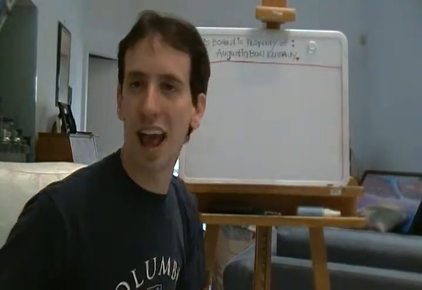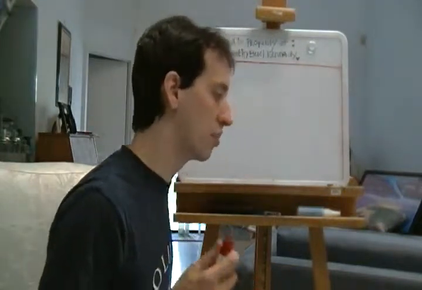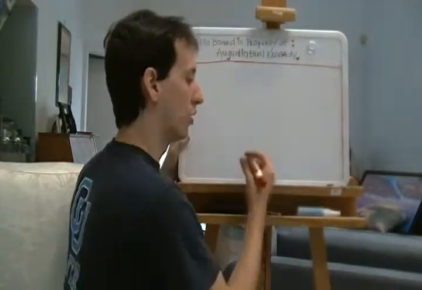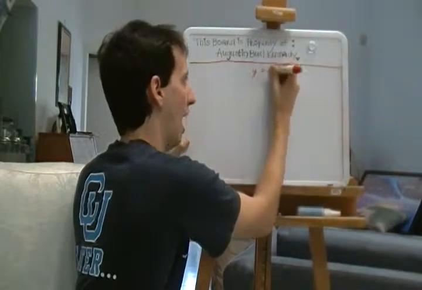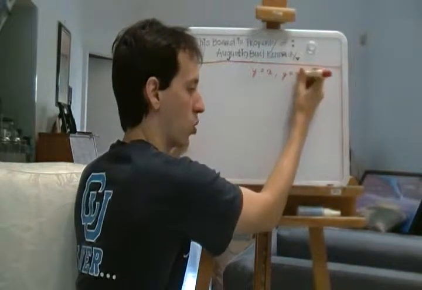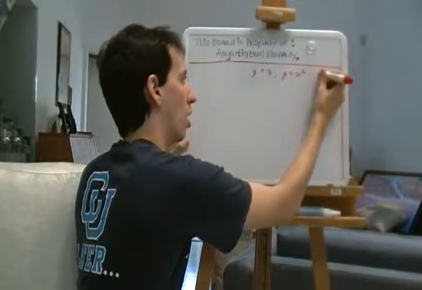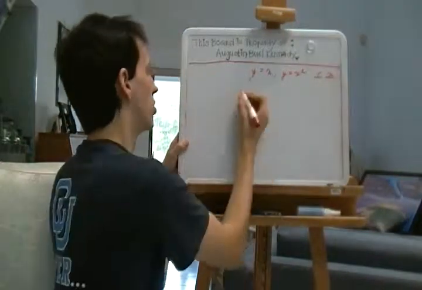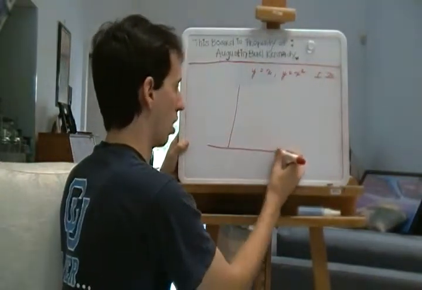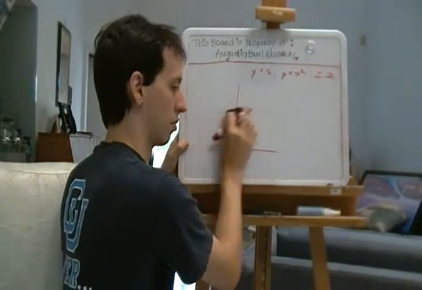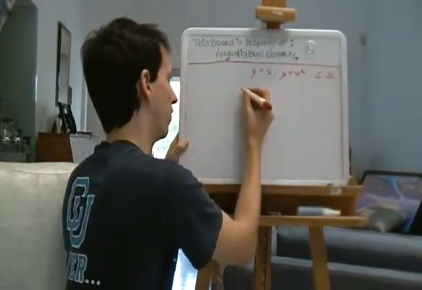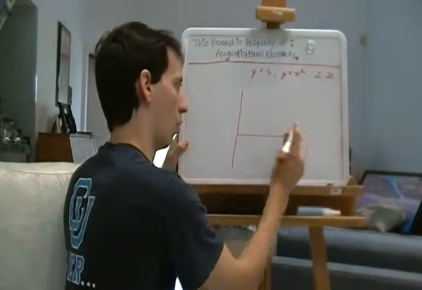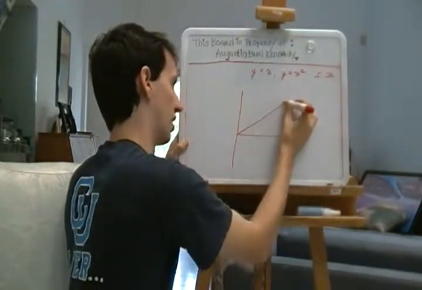Now we have another way. Sometimes you're not going to have a perfect circle that you're going to be dealing with. Sometimes it's going to be a little bit different. So for instance, if we've got the curves y equals x and y equals x squared, and we're going to flip about x. Alright? So let's look at this. Because we're going to be flipping, we know y equals x.